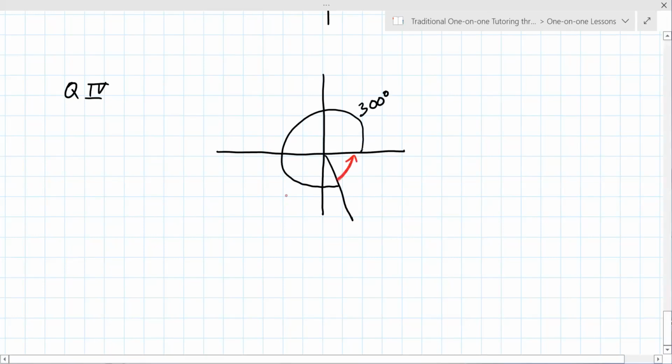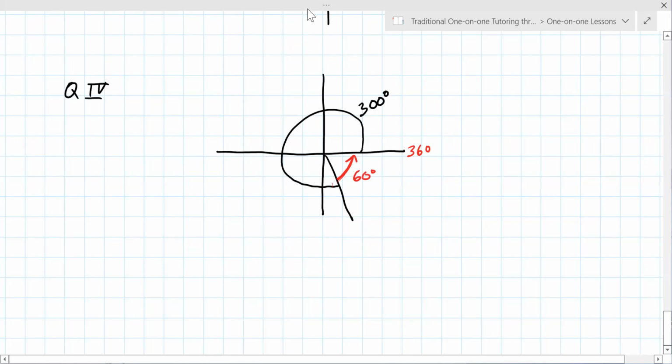If you go all the way around a circle, how many degrees is that? 360. It's like a long road trip. We've gone 300 miles. We still have how many to go, or in this case, how many degrees to go? We want to get to 360. So what's missing? 60 degrees, yeah.